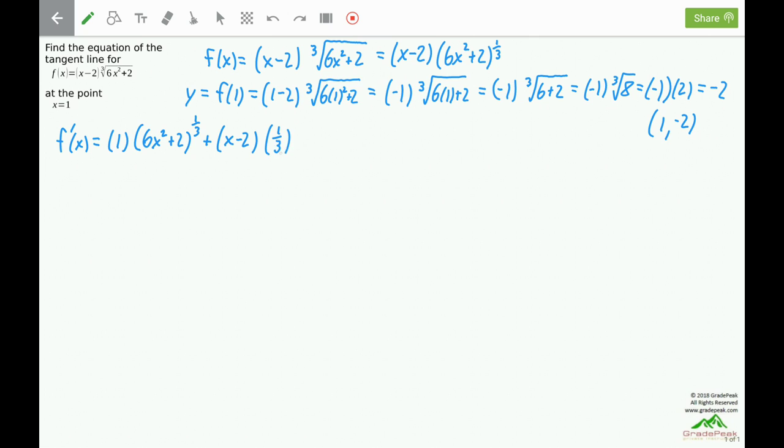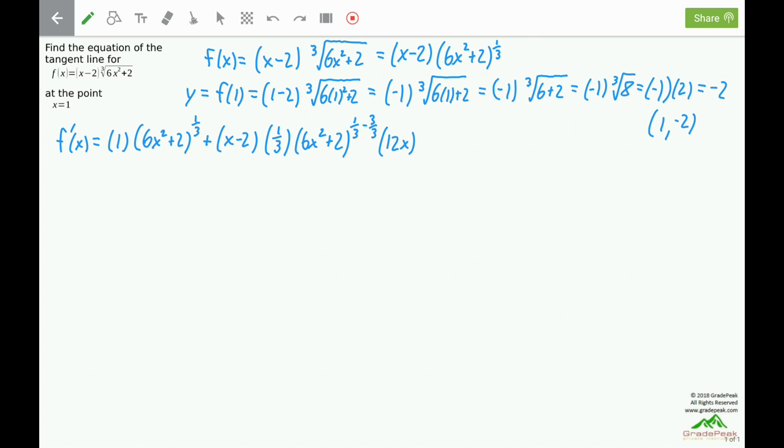That'll be bring down the power 1/3, leave the inside alone, 6x squared plus 2, subtract 1 from the power, I will call it 3/3, and then multiply by the derivative of the inside, which will be a 12x, to complete the chain rule.